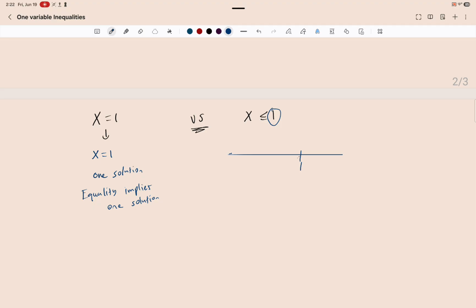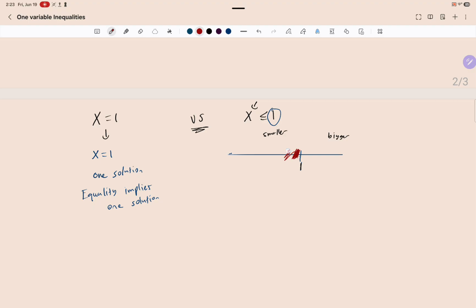So numbers to the right of 1 are bigger, and numbers to the left of 1 are smaller. We want to find all the x's that make this statement true, so we have to head to the left. I may have said right, but I meant left.